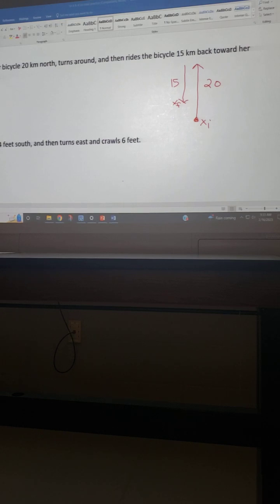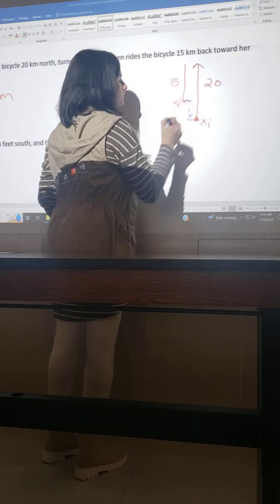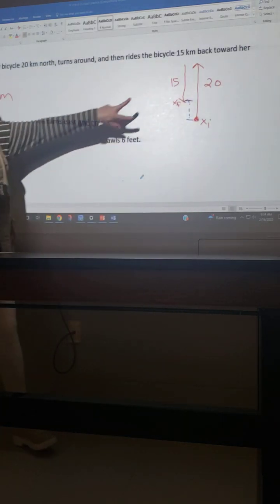Very nice, good mental math. 35, what are the units going to be for this? North. That's the direction. Was it miles, feet? Kilometers. Good, that's my unit. Good. So when we're looking at displacement, remember, we only care about our initial to our final. That little space.